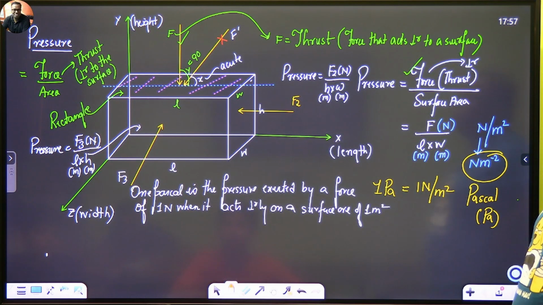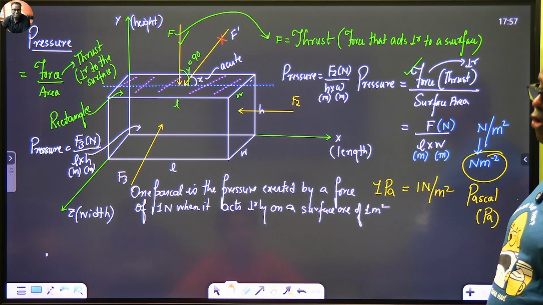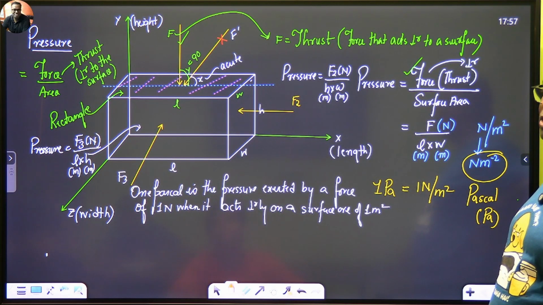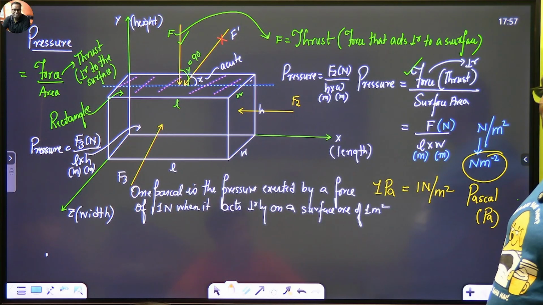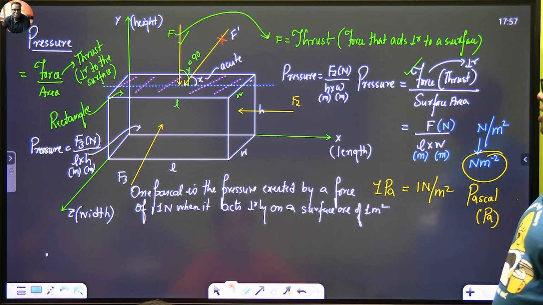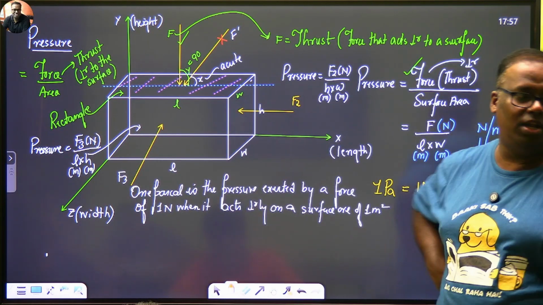So don't just get carried away that pressure is force upon area. Yes, it is force upon area, but the force is a special force which acts perpendicularly. Don't be under the assumption that if the force acts at an angle, it doesn't contribute to pressure. It does contribute to pressure, but the computation of pressure for such a case is beyond your level right now. Right?